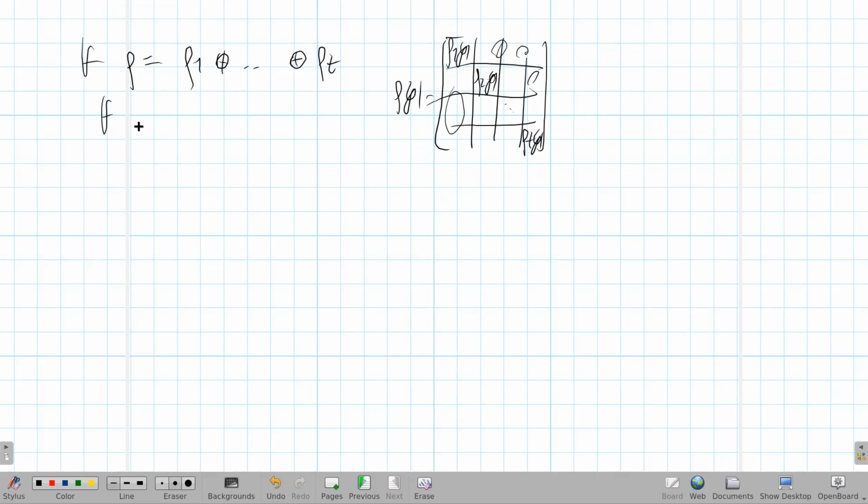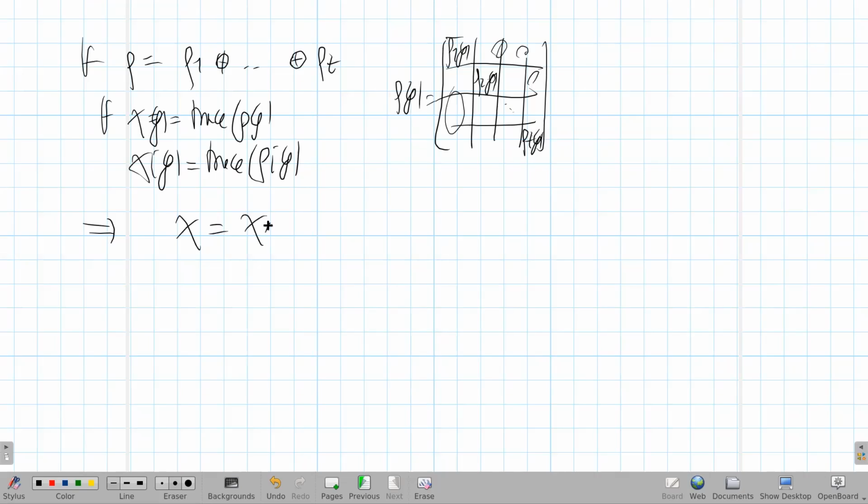So if chi of g is the character associated to rho, and chi i of g is the character associated to rho i of g, then this implies that chi equals chi1 plus up to chi t, where of course this means that chi of g is chi1 of g plus and so on.